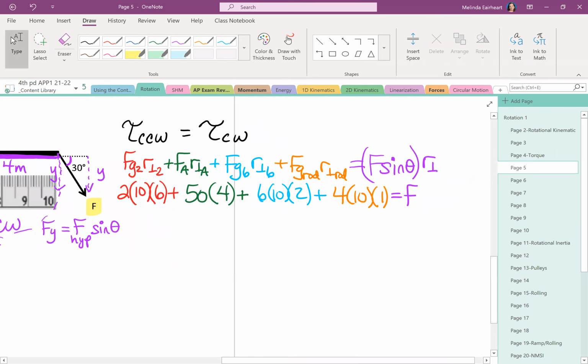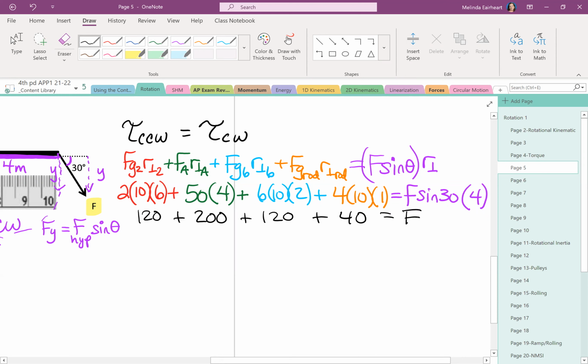Sine theta, we know, is going to be sine 30. And then the lever arm is 4. So the numbers aren't the challenging part here. It's getting them in the right place. It's figuring out who belongs with who in terms of direction. And so hopefully the numbers are 120 plus 200 plus 120. And then sine 30 is 1/2. So half of 4 is.